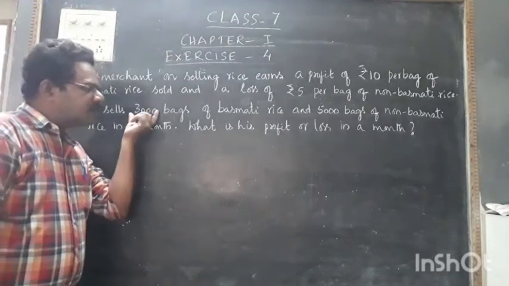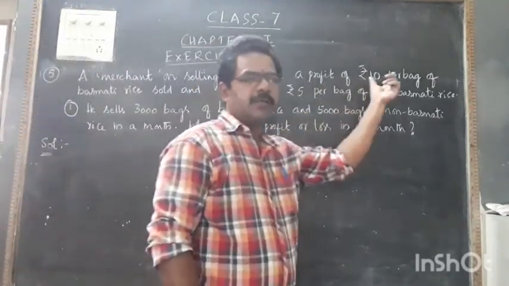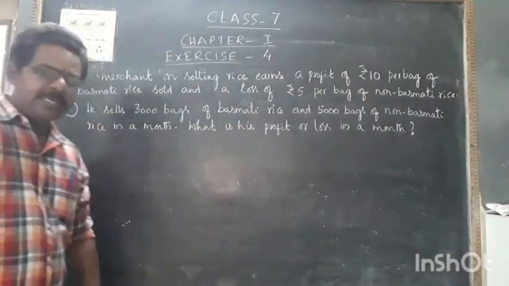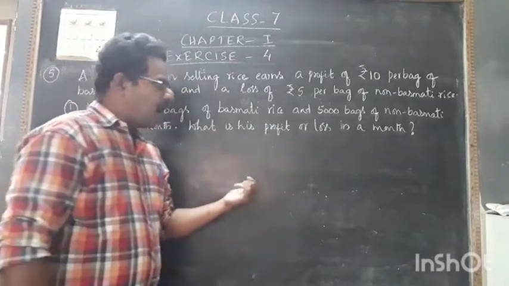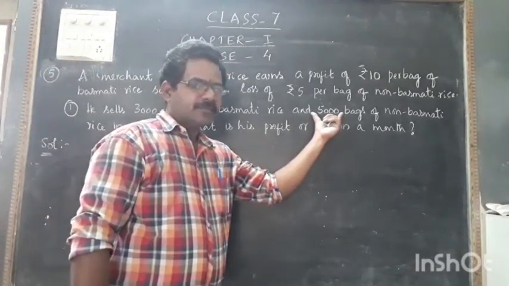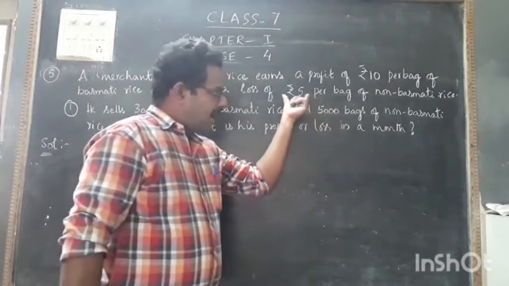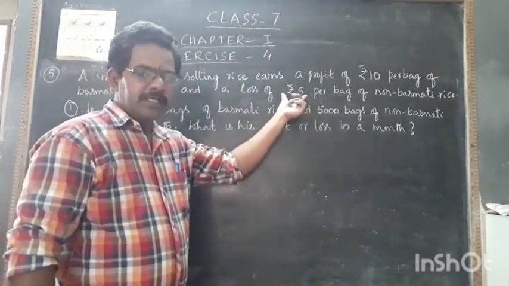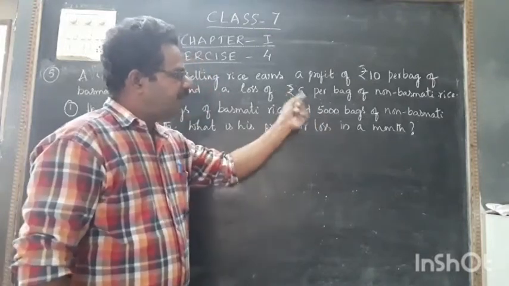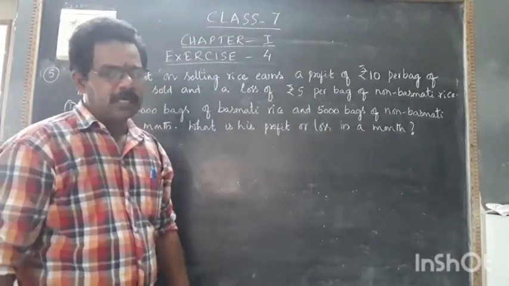So 3,000 bags into 10 rupees is equal to 30,000 rupees profit for the basmati rice. And for the non-basmati rice, total number of bags is equal to 5,000. Loss per bag is equal to 5 rupees. So 5,000 into 5 is 25,000 rupees loss.